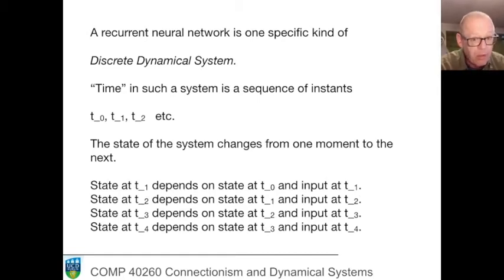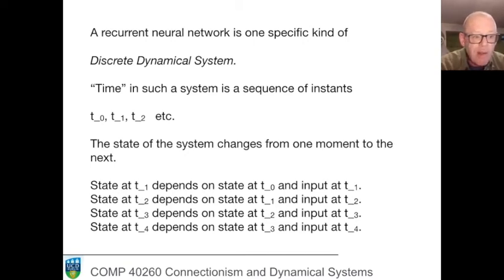The state is understood to include everything about the network, all the numbers that describe the network: activations, weights, parameters, the whole lot. Some of those change more quickly. The activations will change at every clock tick. During training, the weights will change now and again, but if we're only testing a network, it's only the activations that change.